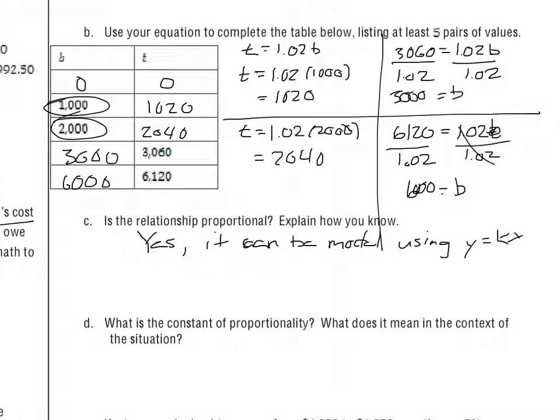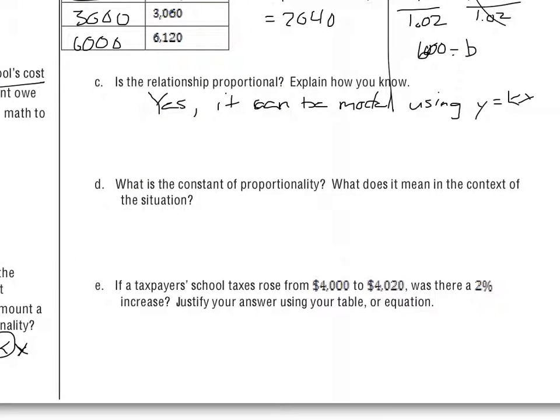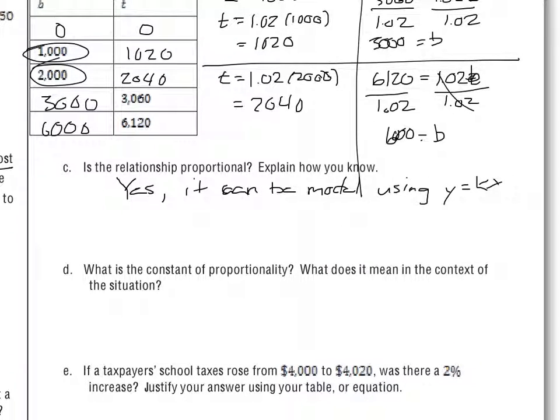What is the constant of proportionality? In this case, looking at our k, you should identify that the constant of proportionality is 1.02.